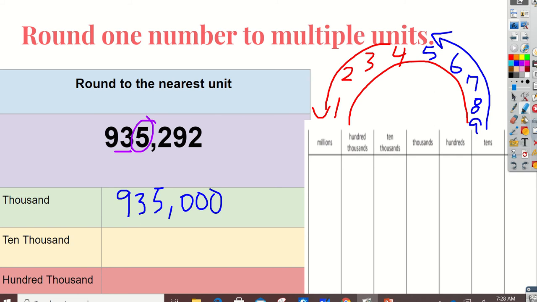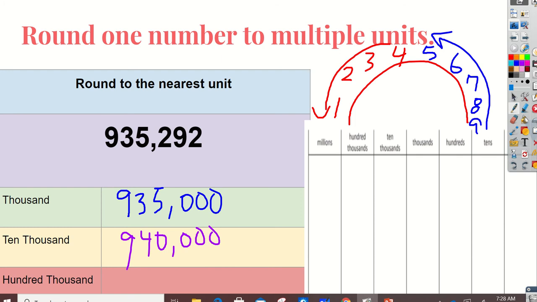The digit 5 is going up on the roller coaster. So we're going to have to add 1 more to 3, making our new number rounded to the nearest 10,000, 940,000.